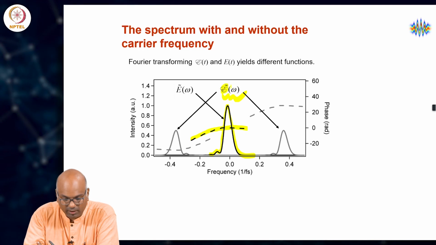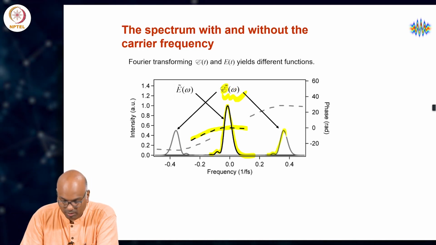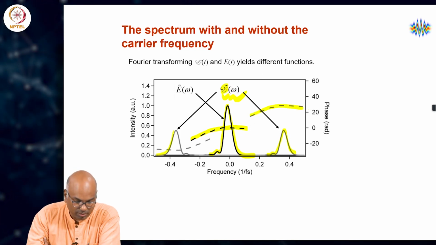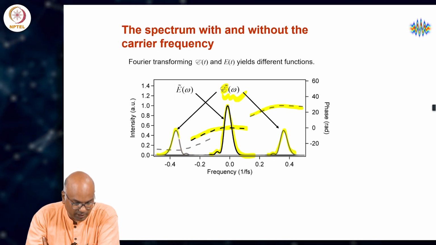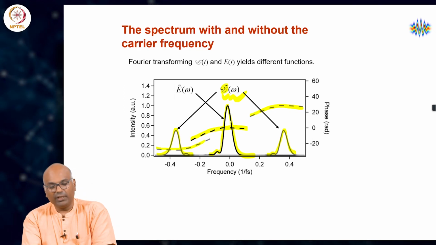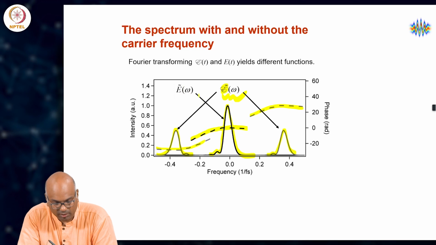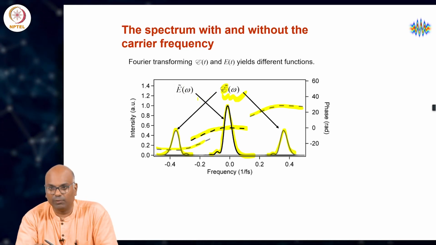as E tilde of omega and the spectral phase, where we also take care of the negative frequencies simply because we can, or we take the other description, this E of omega where the pulse is centered at 0 frequency, it's a relative frequency shift.